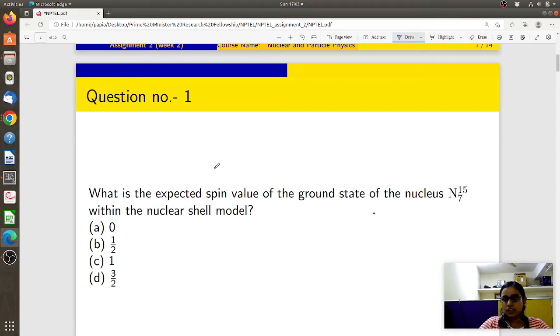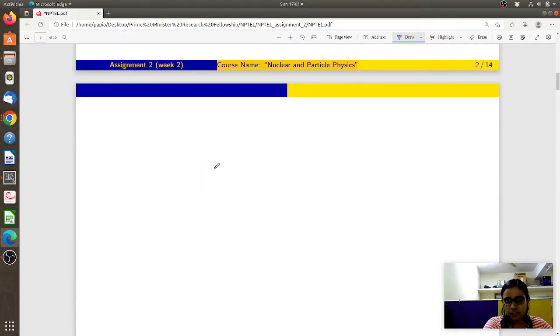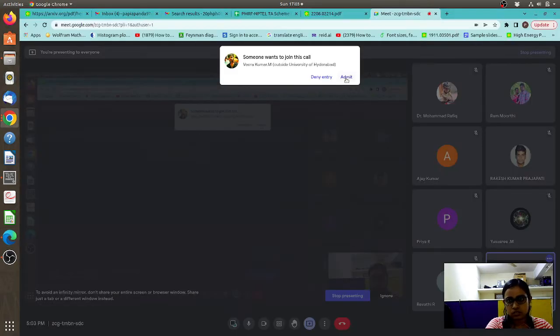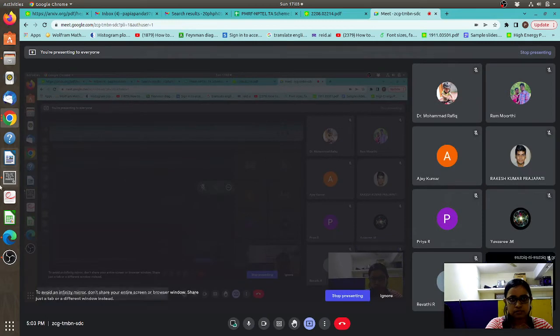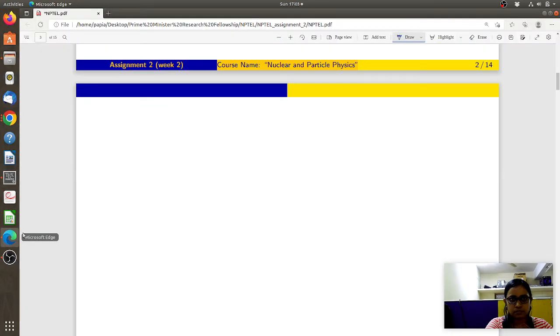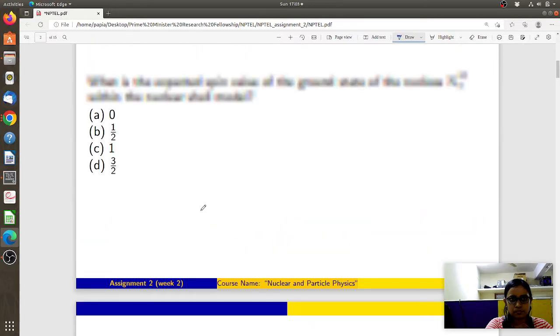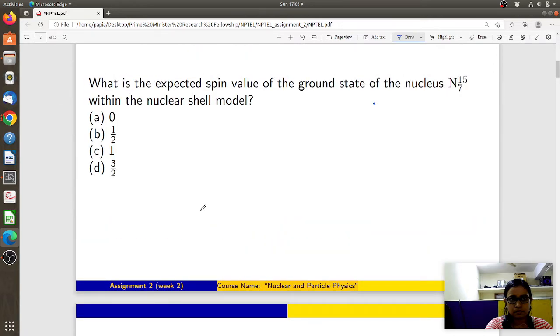The shell model is nothing but a model which will describe the nuclear properties.